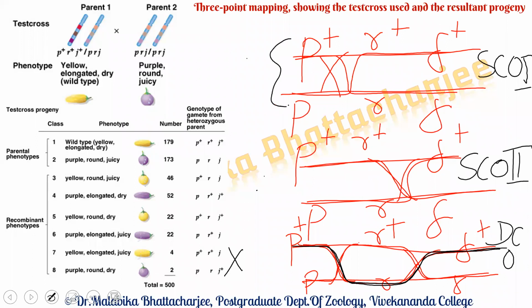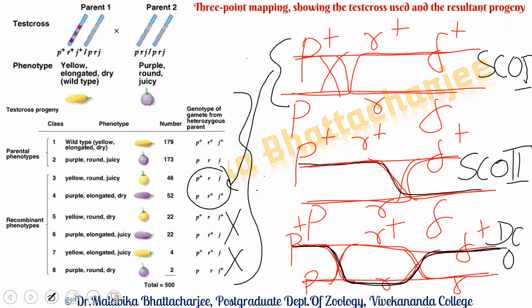The SCO1 gametes are matching, but our SCO2 gametes, P R plus J and P R J plus, are not matching. Neither are the double crossovers matching. So it might be that R is not the middle gene. In data like this, how do we analyze it?